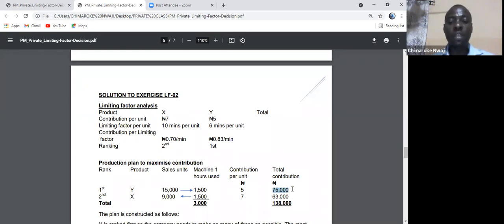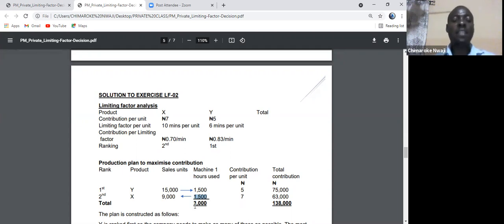And that's fine. So you see here, 1,500 hours has been used up, and we have a total of 3,000 hours. So without being told, since we have 2 products, it means that the second one will automatically take in the remaining 1,500 hours and nothing more.